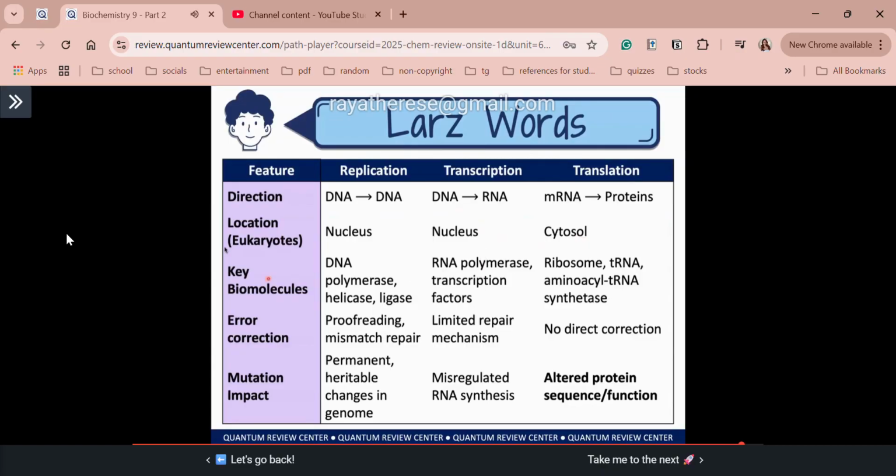All right, again, class, remember also our key biomolecules. So in replication, we encountered polymerase as our main elongation enzyme, helicase to unwind your original DNA double helix, and ligase specific for your lagging strand in order to seal the gaps or the nicks in between our Okazaki fragments.